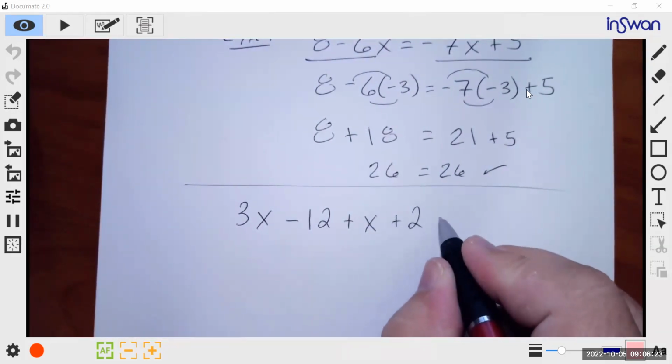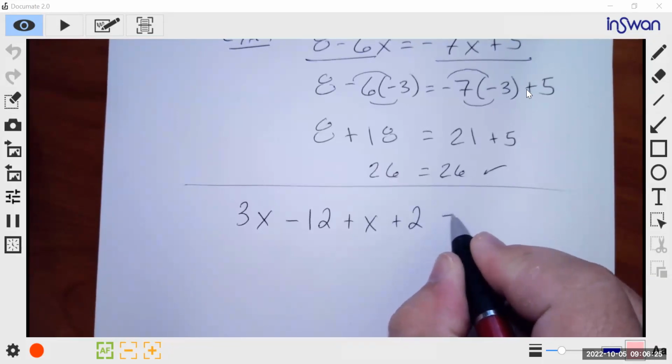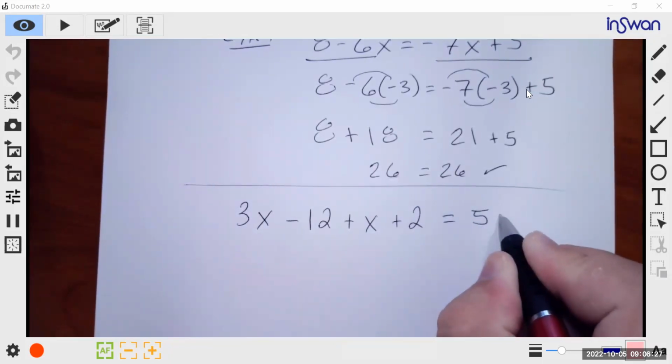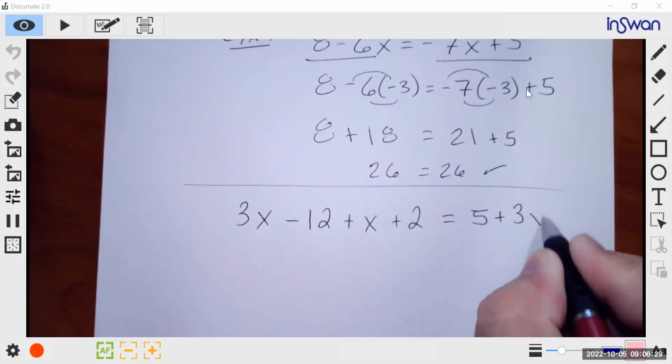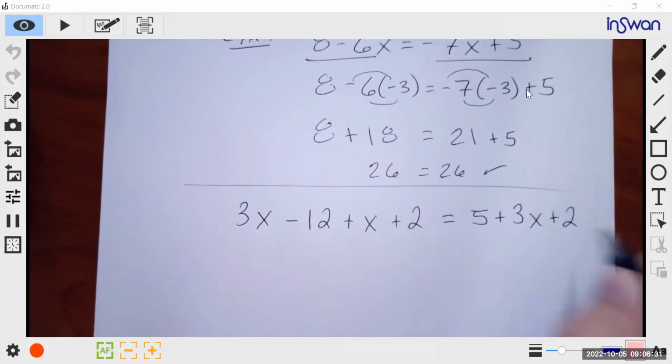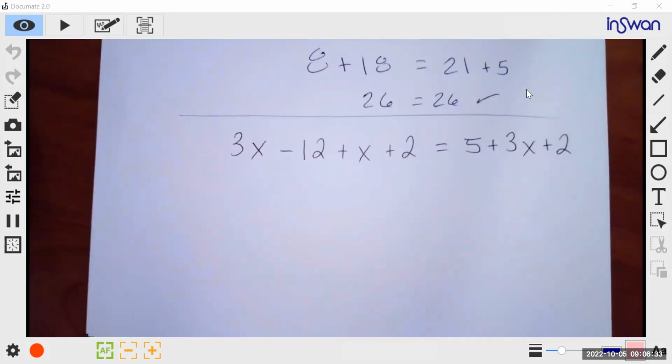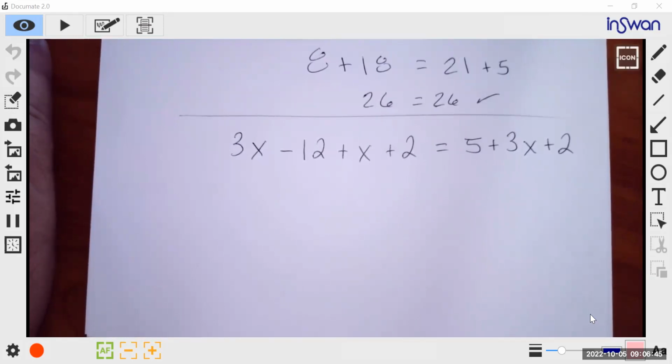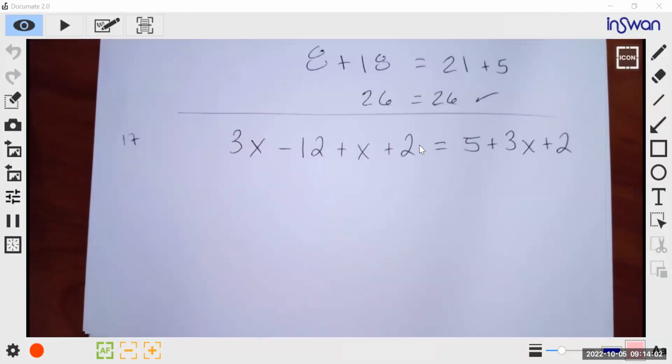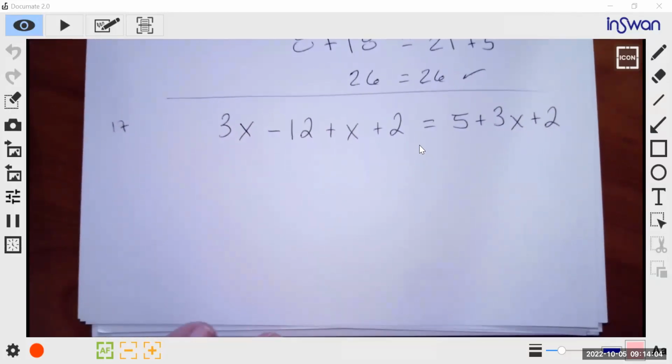3x minus 12 plus x plus 2 equals 5 plus 3x plus 2. Go ahead and work that. Okay, let's look at the left side.